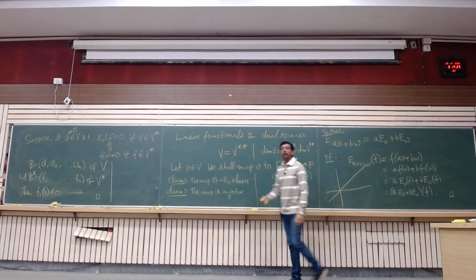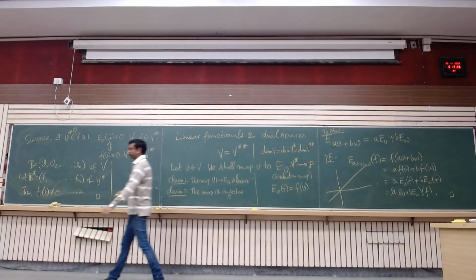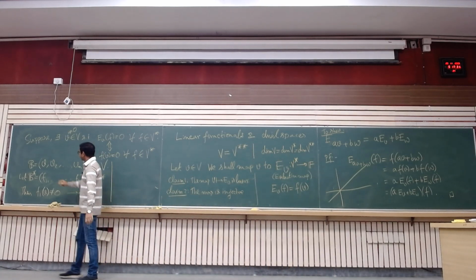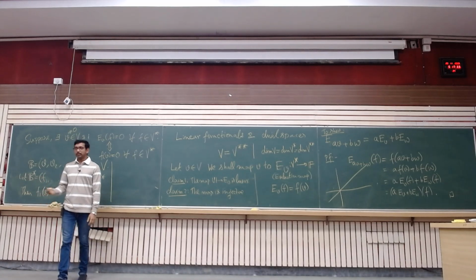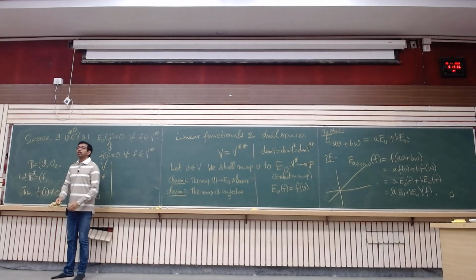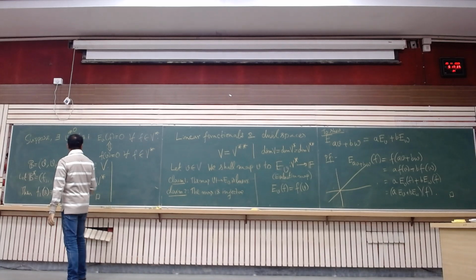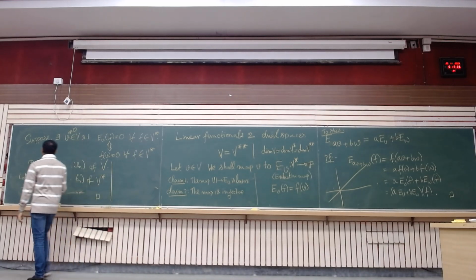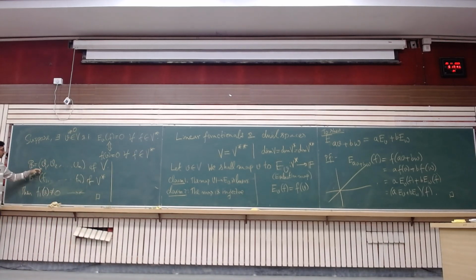Now let's come back to your idea. You said that instead of starting with V as the first element of the basis, you take any basis of V. So let this be an arbitrary basis of V, and let this be the dual basis.